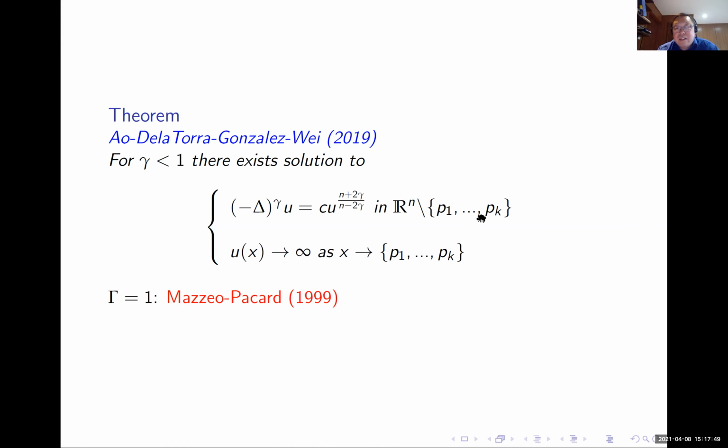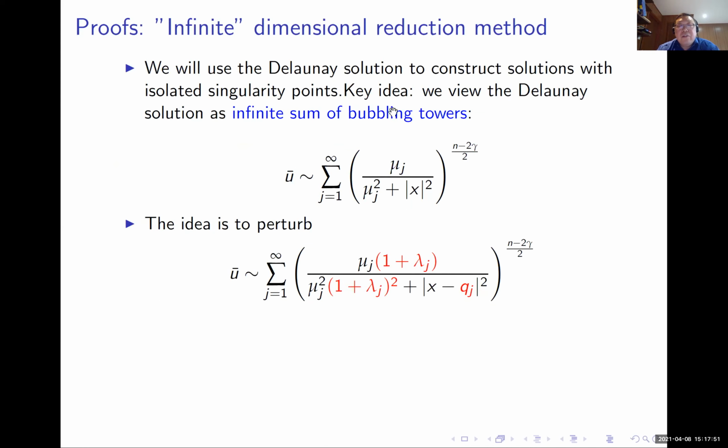Okay, the radially symmetric solution with an isolated singularity, we call the Delaunay solution. We think of the Delaunay solution as an infinite sum of bubbles. So think about the Delaunay solution as infinitely many bubbles, at the same place.